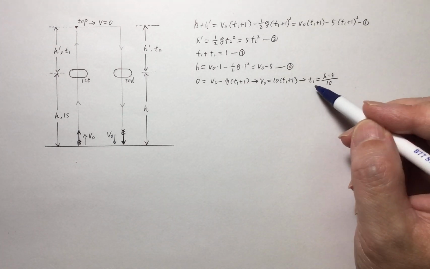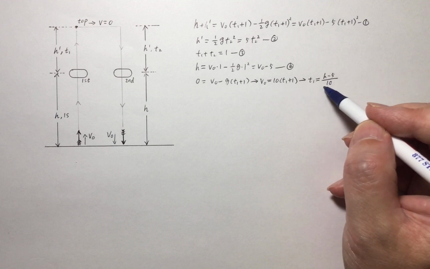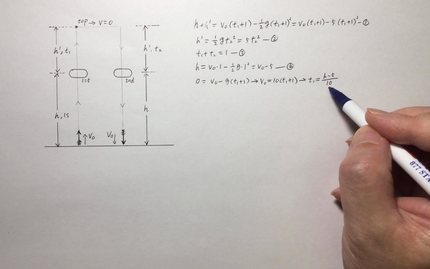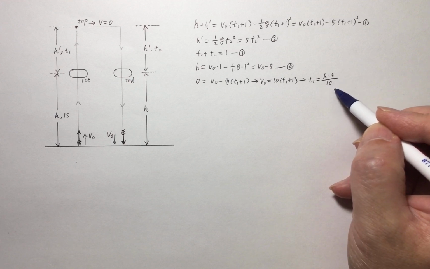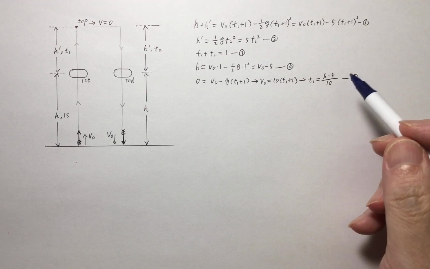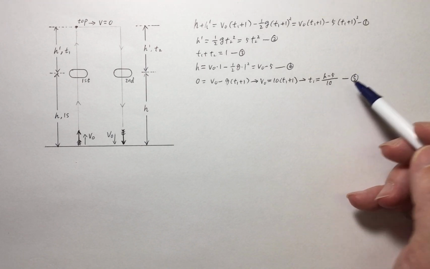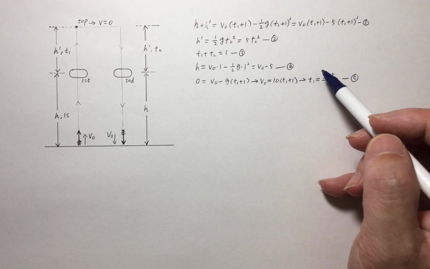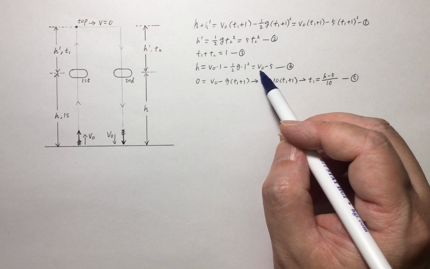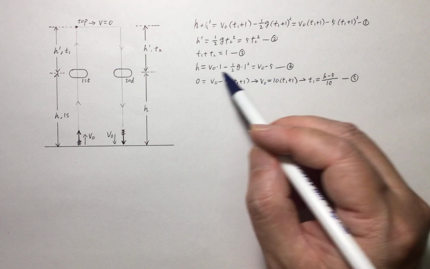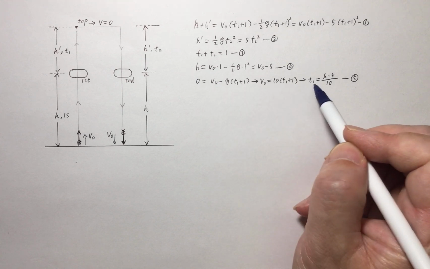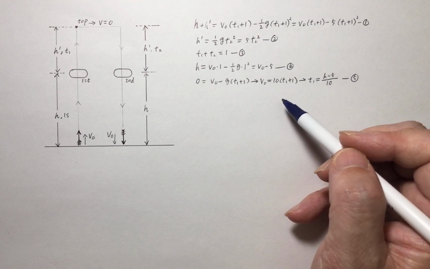I omit the detailed process, but the result is t1 is (h minus 5) divided by 10. That's equation 5. It's not difficult to deduce these results. Remember, we put v0 is h plus 5 here, and then calculate t1 like that.